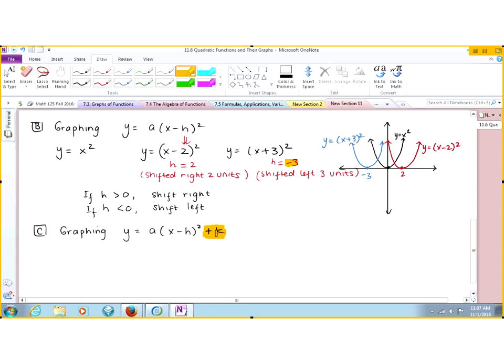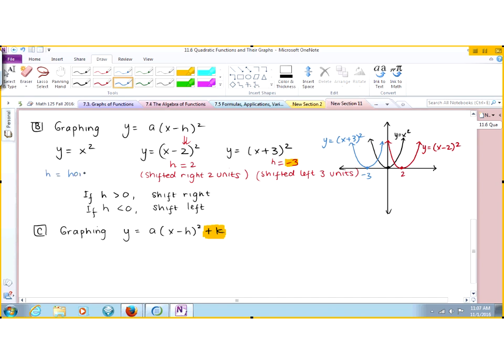What do you think? It moves up. Okay. Should I combine them now or separate them? I think we could just do it together. So what does this plus k do?